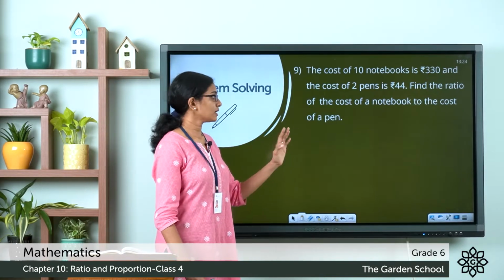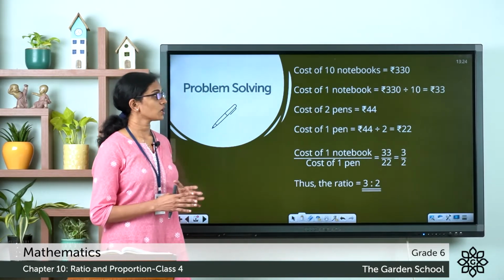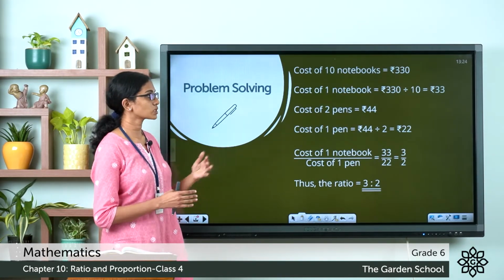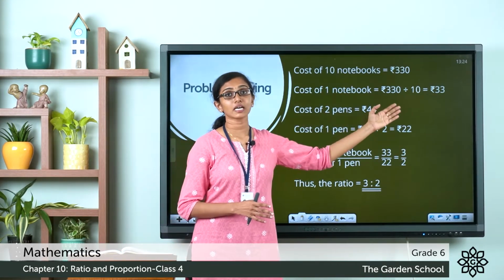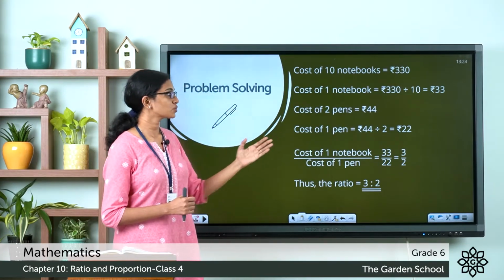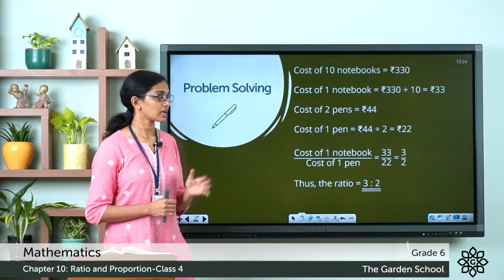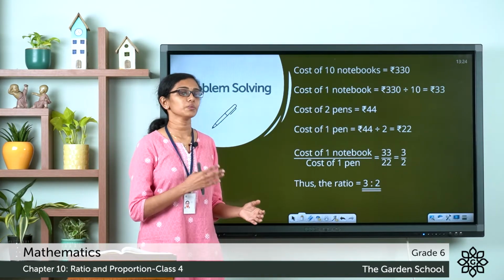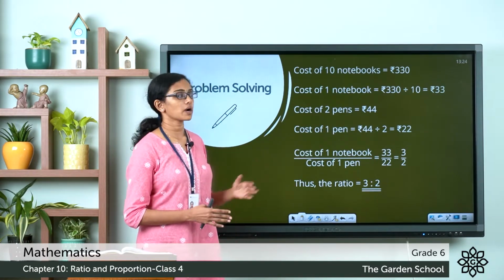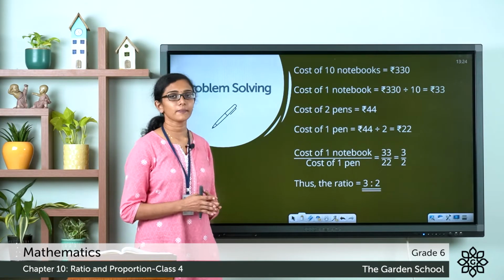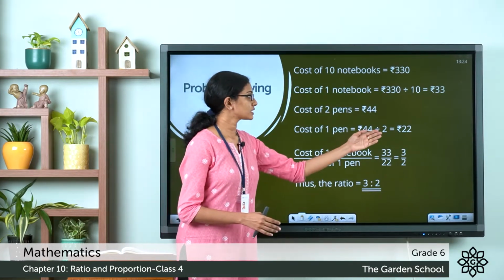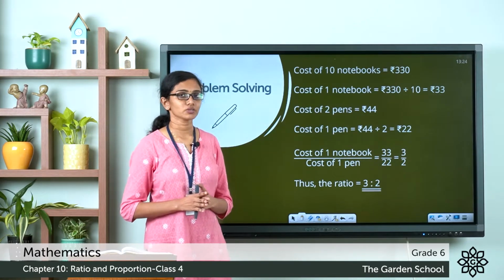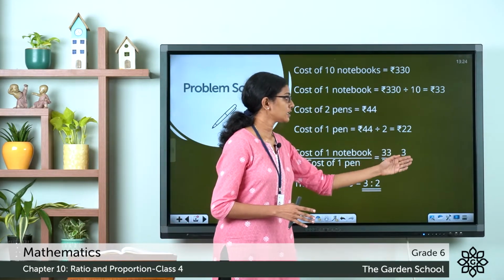So from the data we can write cost of 10 notebooks is equal to rupees 330. Hence the cost of one notebook will be equal to rupees 33. The cost of 2 pens is equal to 44 rupees. Hence the cost of one pen will be rupees 22. Now when you take the ratio, cost of one notebook by the cost of one pen will be equal to 33 divided by 22, which can be reduced to the simplest form as 3 by 2.